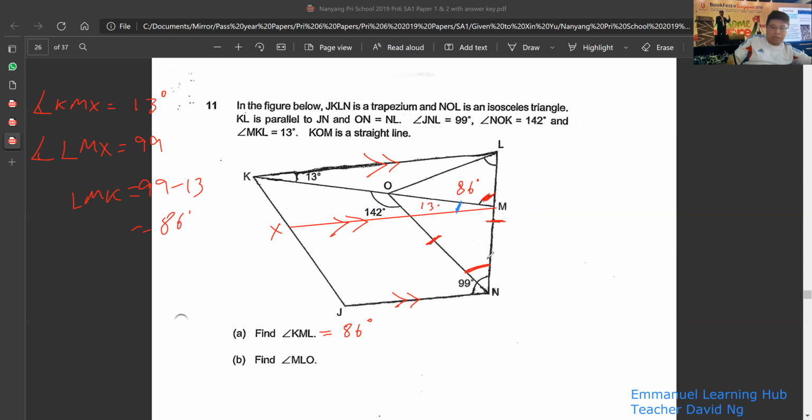Before you can find this angle, you need to find this other angle, right? Yes. So this angle here, how many? How to find?